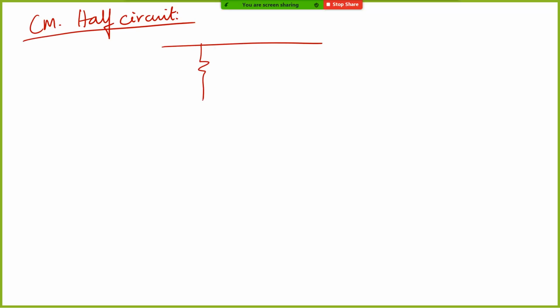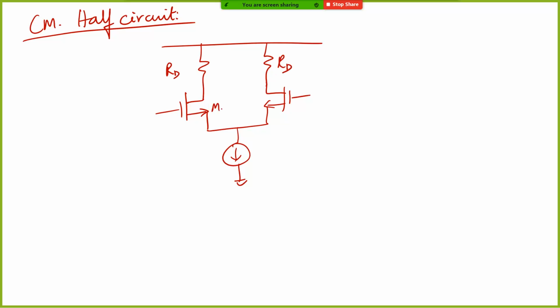So now let us look at the common mode half circuit. Now what is common mode half circuit? I'll just take this example. Whatever be the load or whatever be the signal circuit here, basically you can use the same thing. Now this is RD, M1, M2.